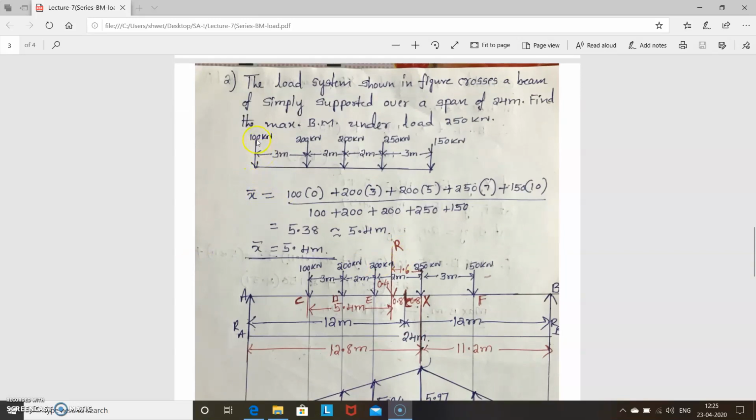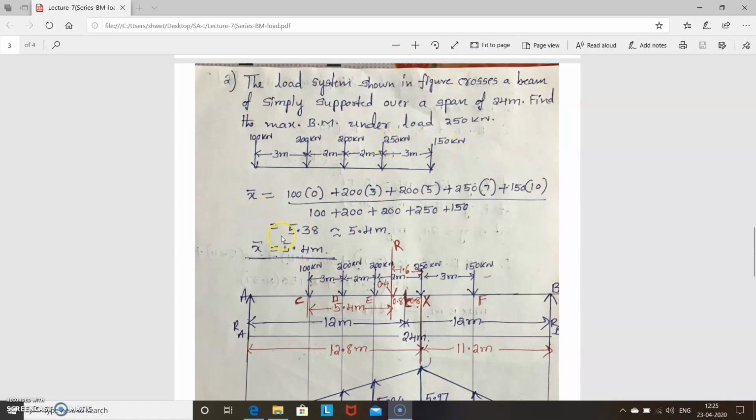So what is that? 100 into 0, there is no distance, plus 200 into 3 plus 200 into 5 plus 250 into 3 plus 2 plus 2, that is 7, plus 150 into 7 plus 3, full distance 10, divided by the total load, that is 100 plus 200 plus 200 plus 250 plus 150.